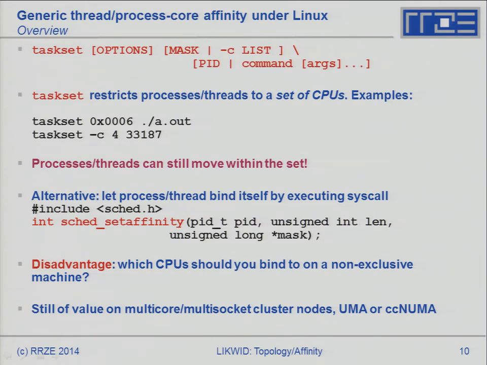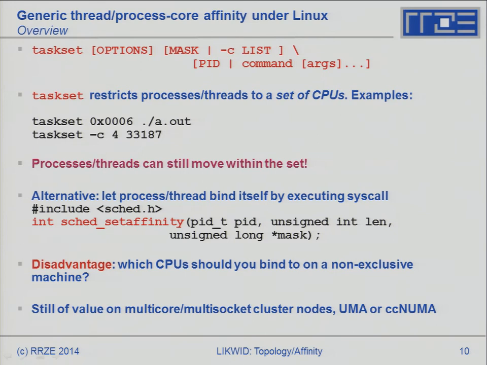You could also use a list of cores, 4, 5, 6, 7. That's a good thing, but it's not enough, because if you specify more than one core, the threads can still move within the set. So it's only a restriction, not a pinning. It restricts the movement of the threads, but it does not pin each and every thread to a specific hardware resource.